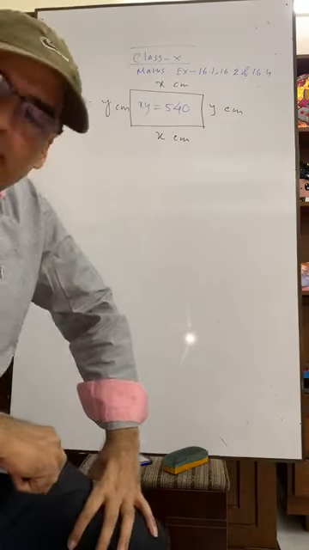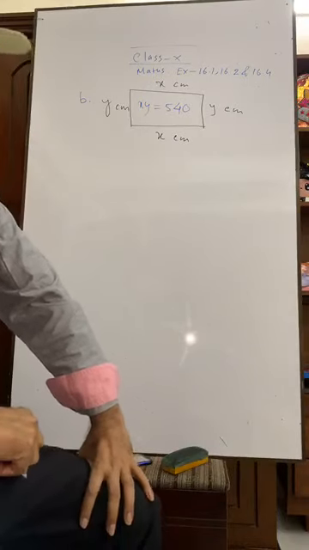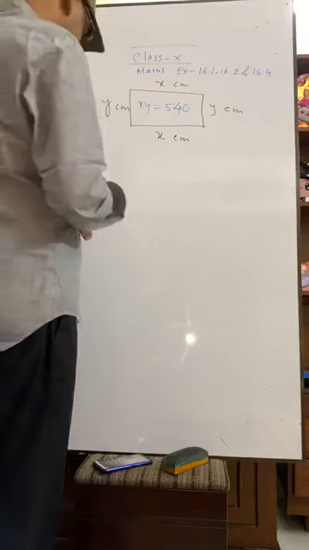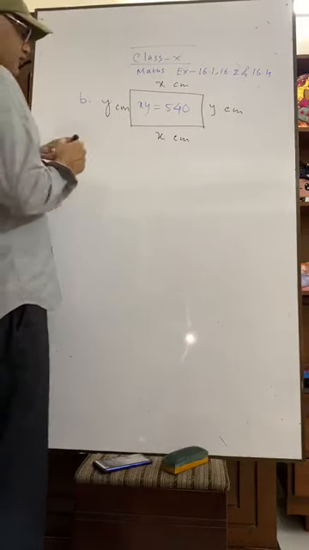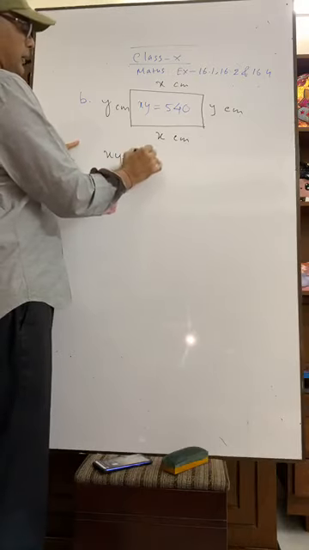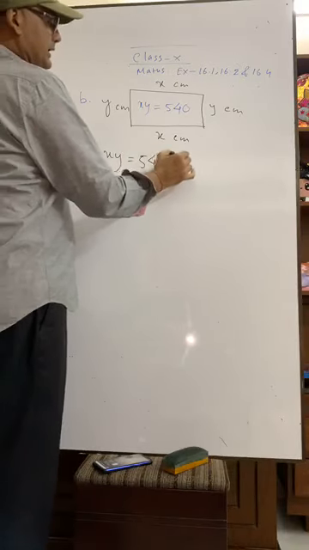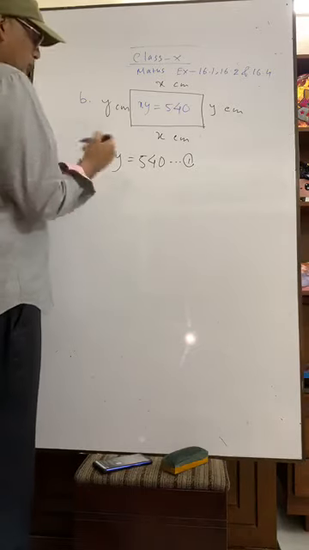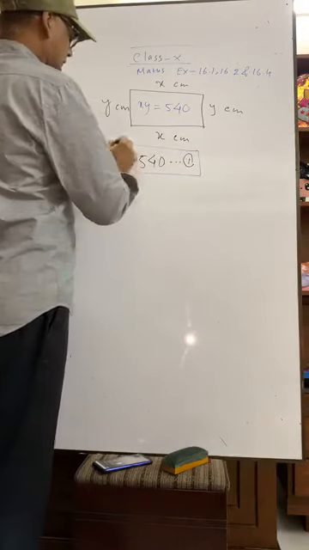As per the question, xy equals 540. That means we have got an equation. Write down, xy equals 540. This is equation 1. We have got one equation.